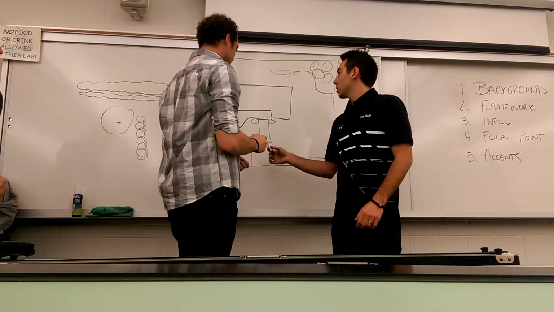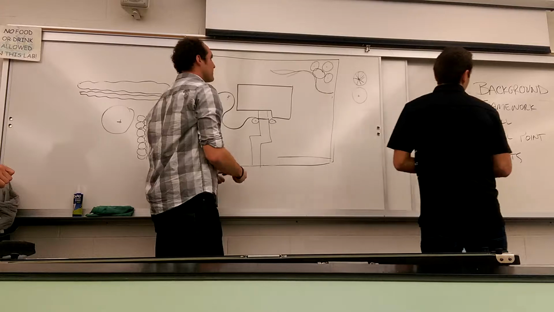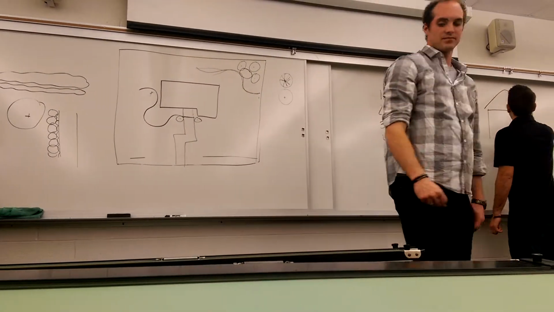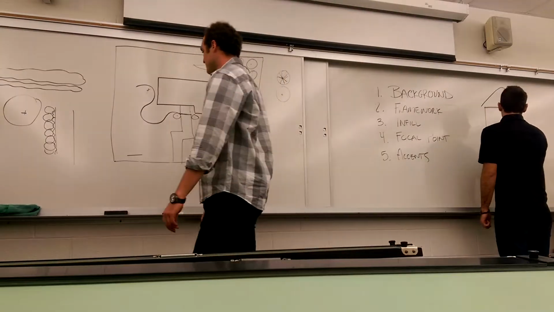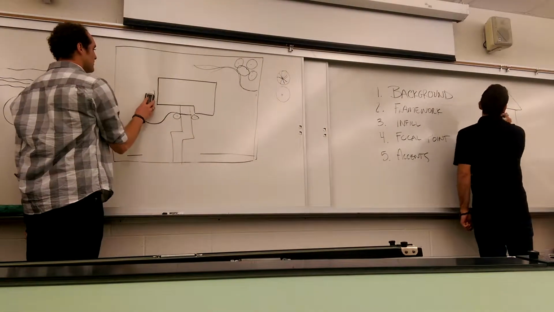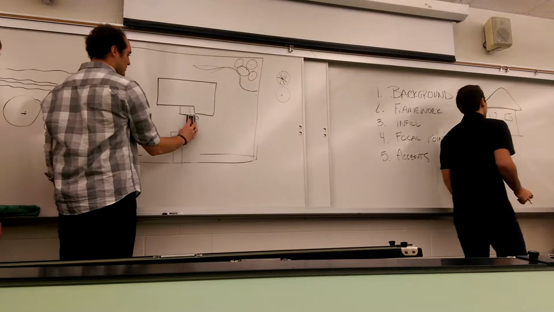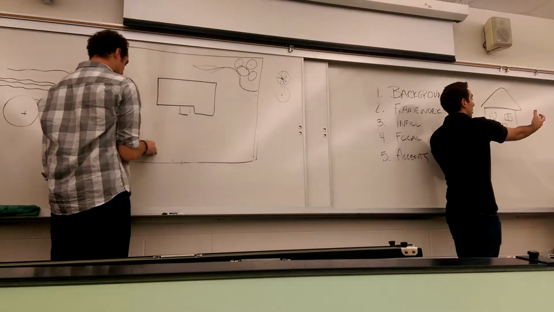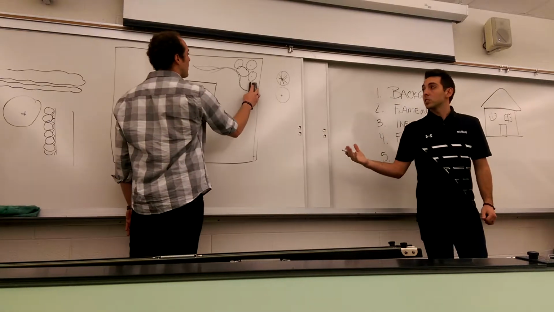And it also helps, so if you're looking at a house plan, let's see if I can draw. We have ourselves a house. If you're looking at this house, there's a lot of just raw material, it's just very stark. Framework a lot of times helps to soften things up.